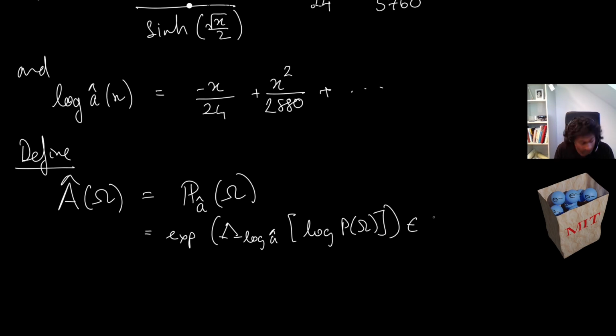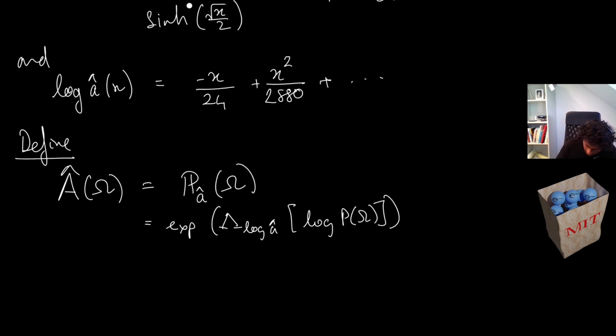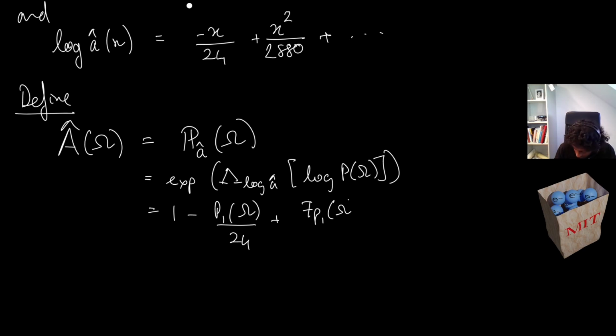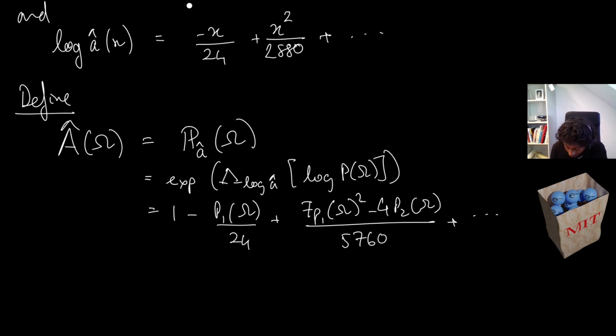We can give a small expansion here: P1 of omega on 24 plus 7 P1 omega squared minus 4 P2 omega on 5760 plus ... When I'm squaring, I'm really talking about the wedge product.